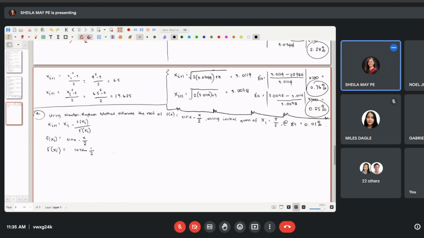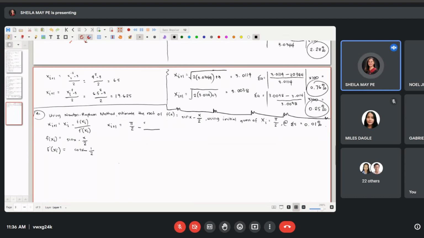So for our x sub i, that's pi over 2 minus, what's our f of x sub i?